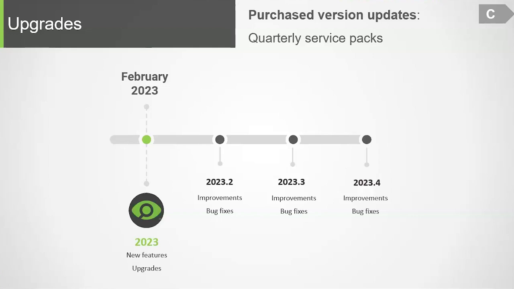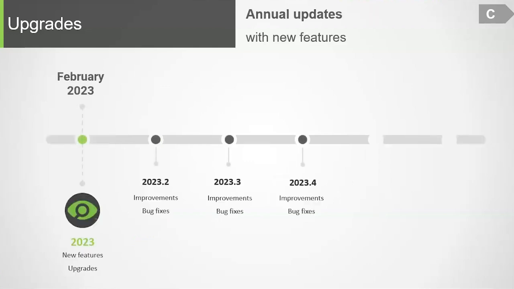Our second type of upgrade is annual updates, or migration licenses. We've spoken about 2023.2, .3 and .4. Migration licenses allow you to move up a version of the software.